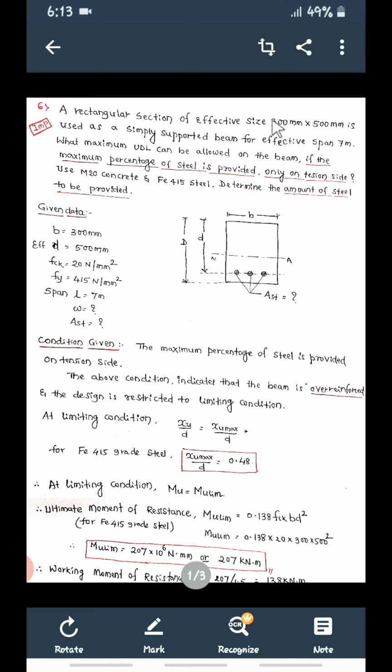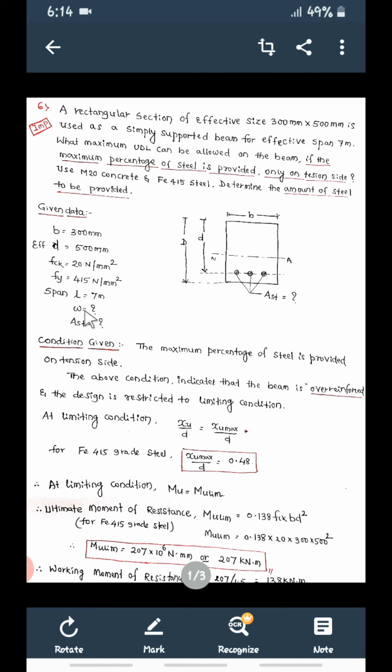Okay, so rectangular beam of effective size B 300 mm, and effective size means it is small d only, effective depth 500 mm, is used as a simply supported beam for effective span of 7 meter. So span of the beam or length of the beam will be 7 meter. Then condition is what maximum UDL can be allowed, means you have to find out small w.